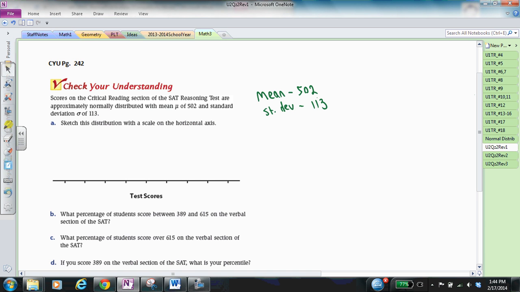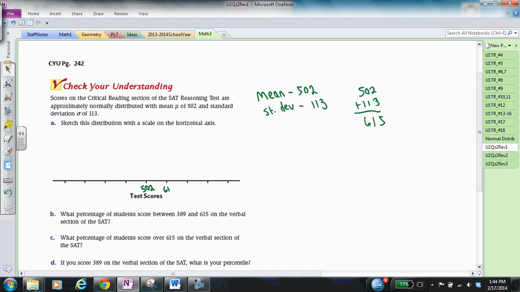So as we talked about with today's example in class, we want to start with the mean in the middle. So I can set my mean here at 502, and I want to use a scale that follows my standard deviation. So if I do 502 plus 113, that gives me 615.